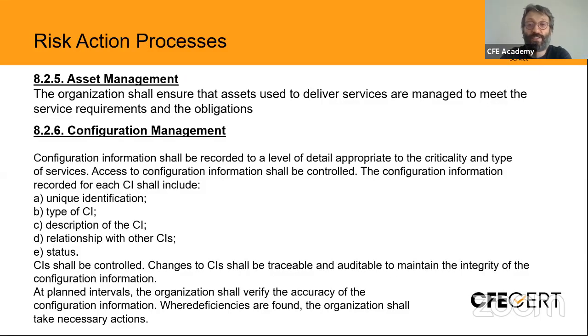Of the customers, sorry. So asset and configuration management means you know the exact situations, attributes, as much information as possible, correctly, to make better decisions and have a better perspective of your services.